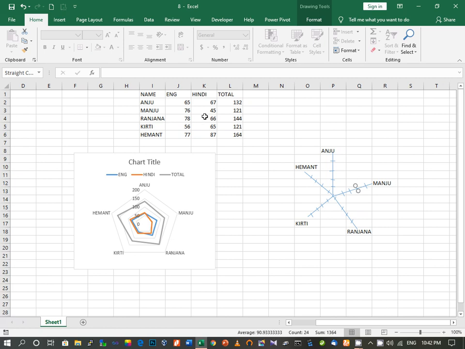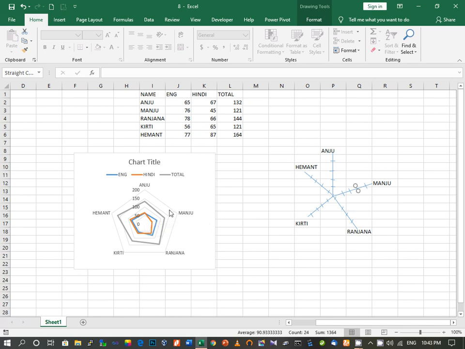In the same way, Hindi is also formed. Now you can see in this chart, Anju got 67, so this is starting from 67. You can see that 65 and 67 are near, so both the starting points have merged together, because there is a very slight difference in the marks of Hindi and English.